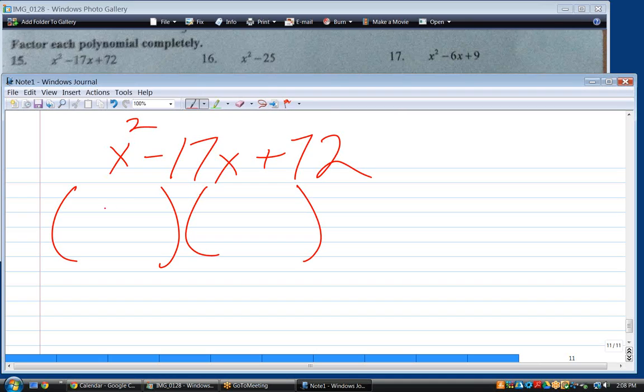So the first step is to figure out what goes here and here. In other words, what will produce x squared? X times x, right?